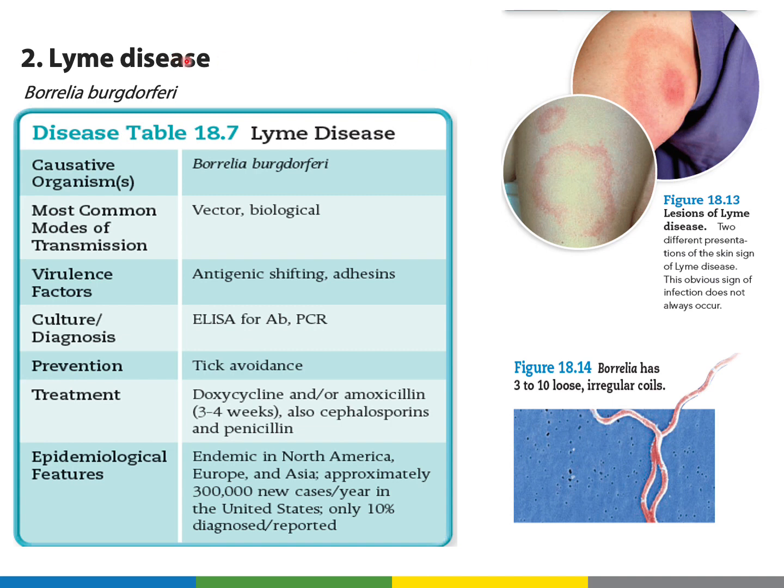Lyme disease, by the way, is still a vector-borne disease, same with Ehrlichial and rickettsial diseases. The lesion is called erythema migrans because it looks like a bullseye with a raised erythematous ring that gradually spreads outward and a pale central region. Other symptoms include fever, headache, stiff neck, dizziness, and if not treated or if treated too late, the disease can advance into the second stage, which now involves cardiac and neurologic symptoms.